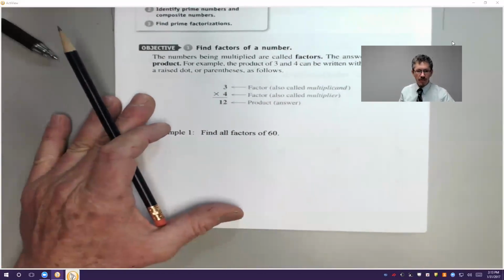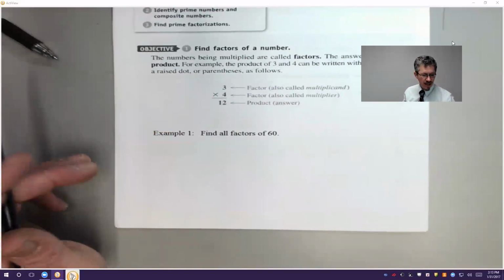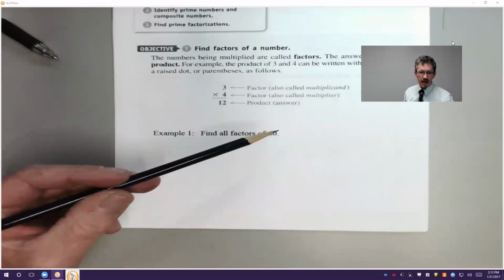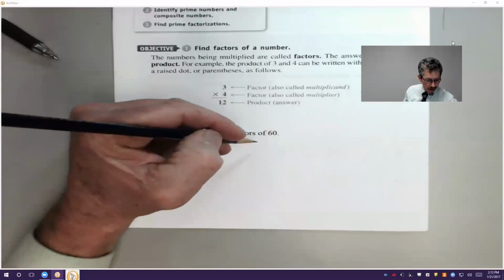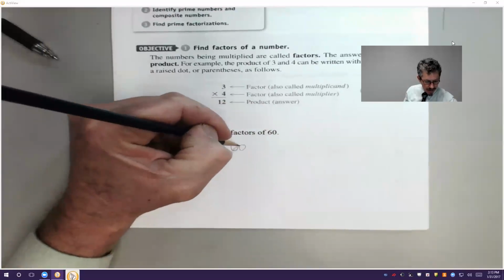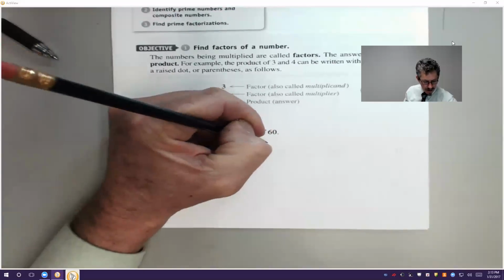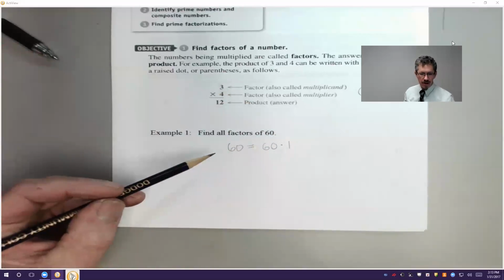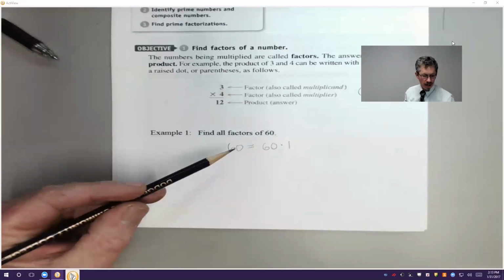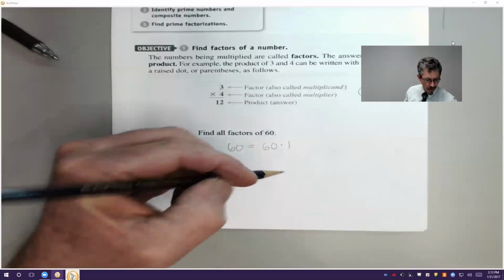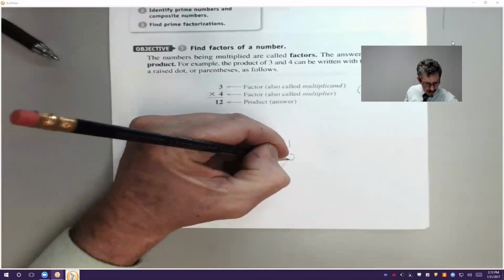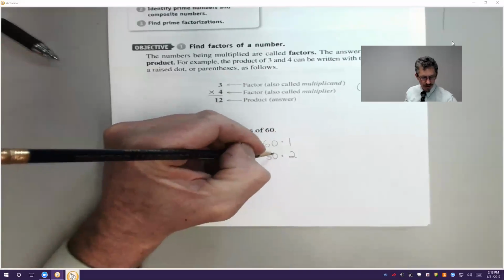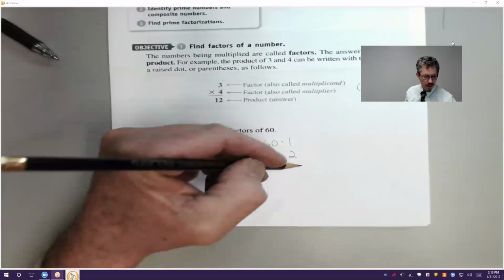This first example says find all the factors of 60. So what I'm going to do is look for pairs of numbers that when you multiply them together, they equal 60. Well, we can always start out with the number itself and 1. Now, I happen to know that 60 is an even number, so it's divisible by 2, so I should be able to find a product with 2 as a factor, and then the other factor would be 30, so 30 times 2.